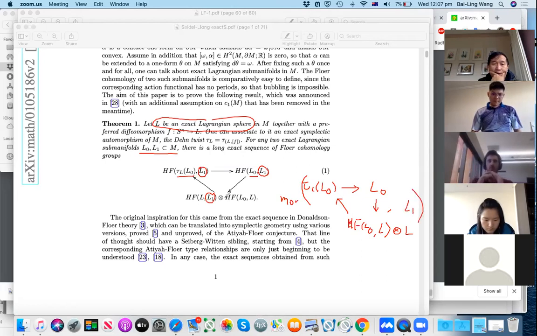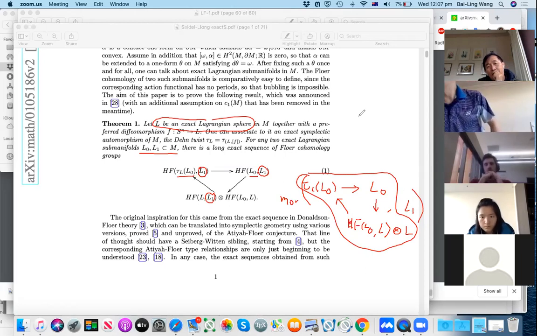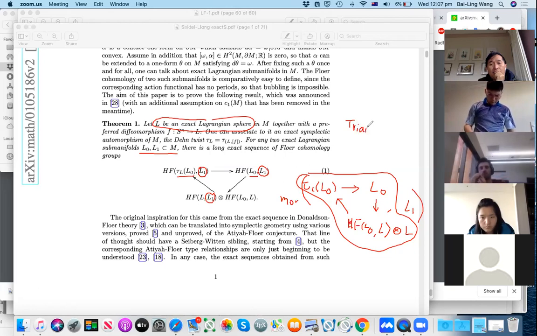So these triangles are what make the Fukaya category, the derived Fukaya category or triangulated Fukaya category.